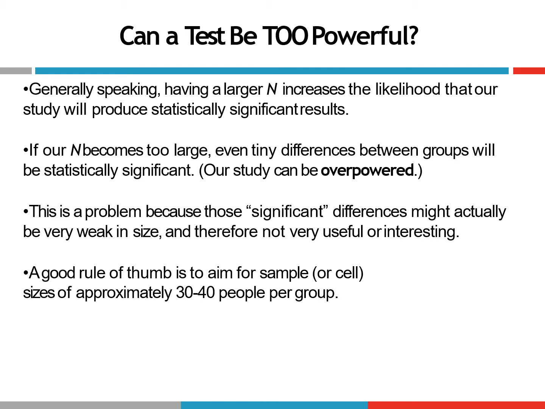So if you're looking at the influence of caffeine intake on memory, and you have a no caffeine condition, a low caffeine condition, and a high caffeine condition, then you would want a total of 90 to 120 participants in order to be optimally powered, right? So 30 to 40 people per group in your particular study.